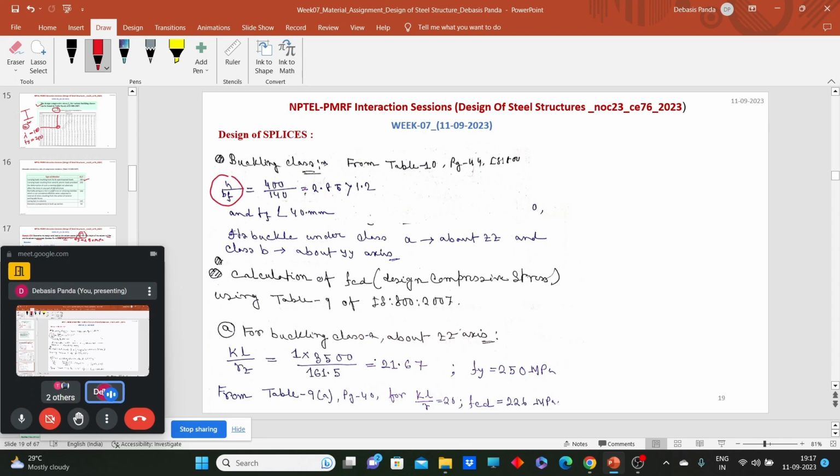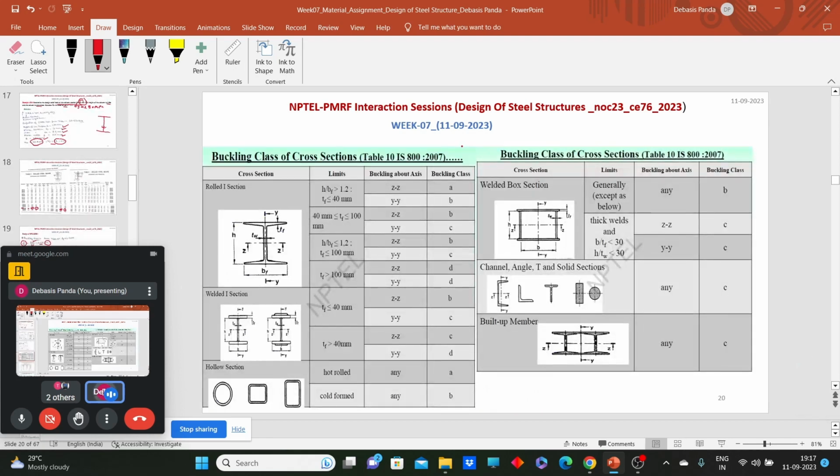H, the depth or height of the I section, is 400, and the width of the flange, which we have taken from SP6, gives 2.85, which is greater than 1.2. How can I find that 1.2? Because of our table of buckling classes here. For the I section, we need to look here.